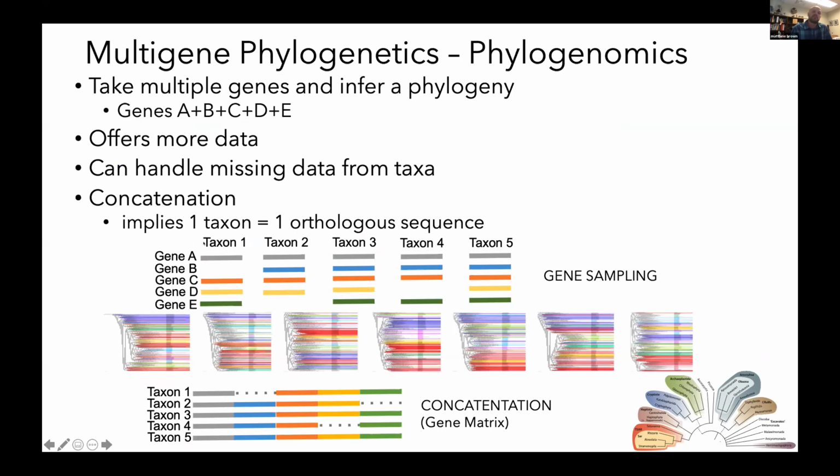It often will be able to handle missing data, because in one taxon, we may be missing one gene, but we may have some other genes. And same thing for the next taxon. We may have some taxa that have all genes, and we can concatenate that all together. And in principle, this should be able to handle missing data from taxa.